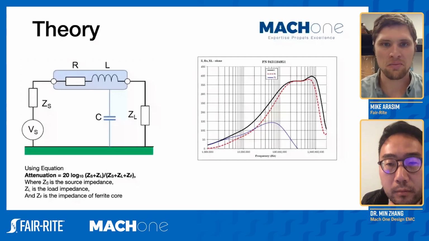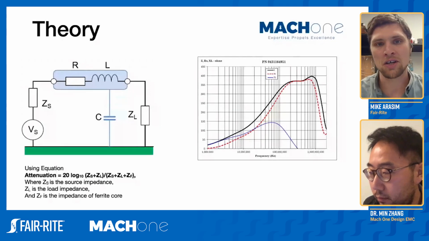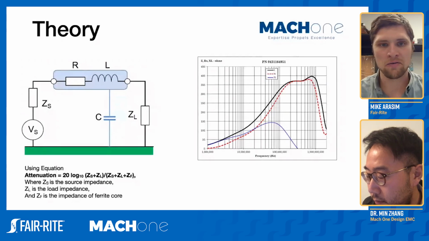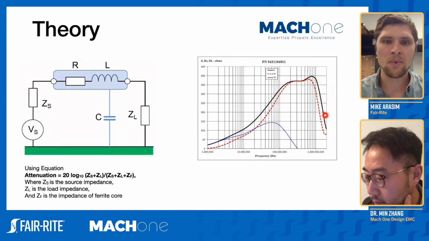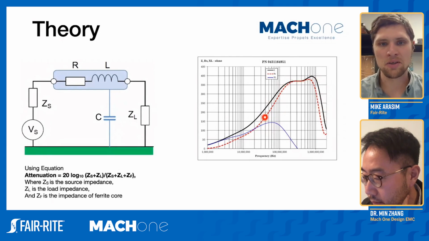So you can see that impedance chart on the right hand side here, and you have your black line on the chart that is going to be just your complex impedance. And you have your red dotted line. That is going to be the resistive impedance, or the portion of that impedance that is resistive. And then you're going to have your reactance in that blue line there.